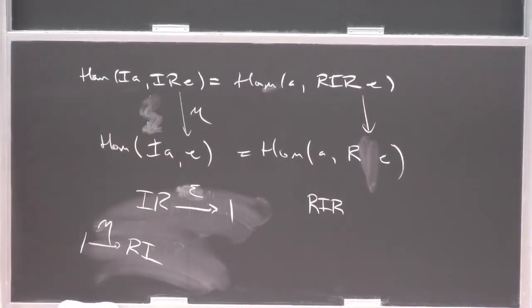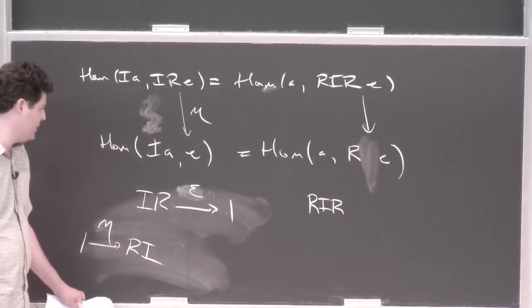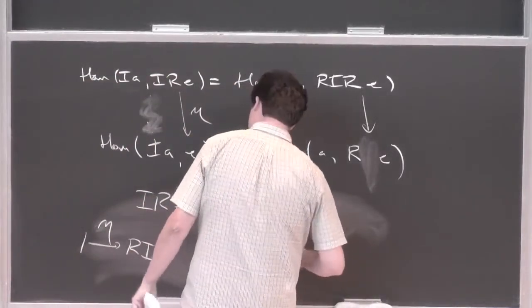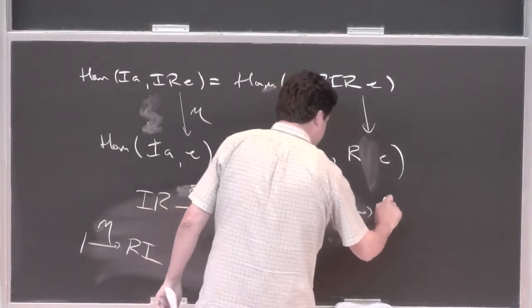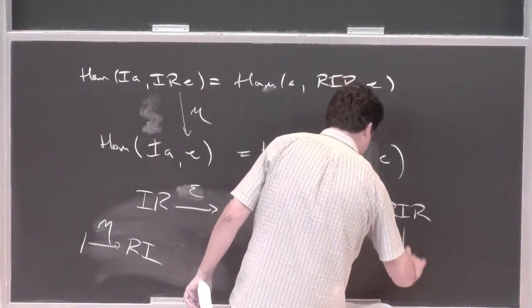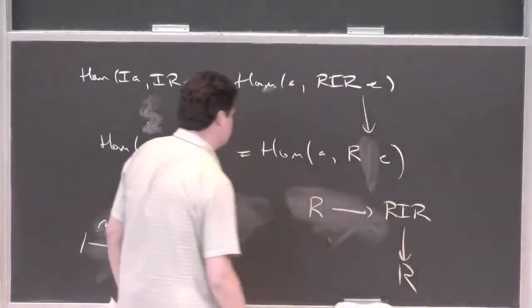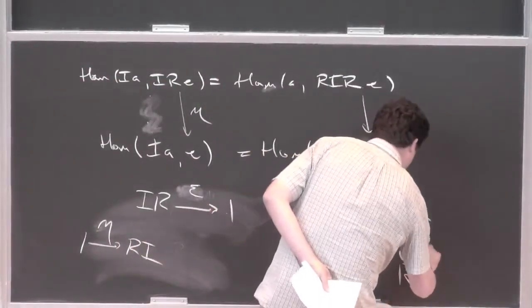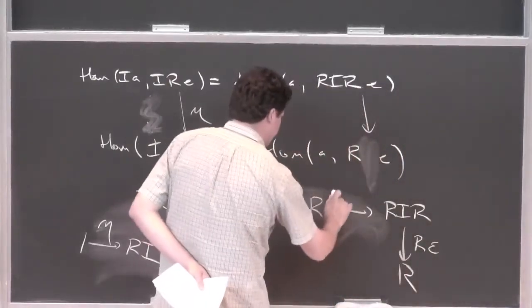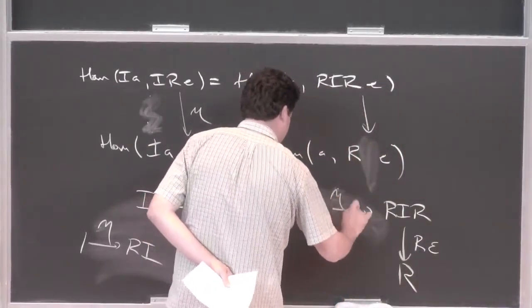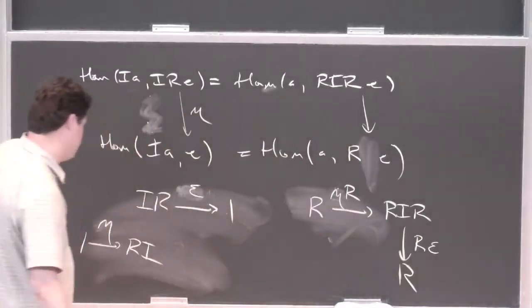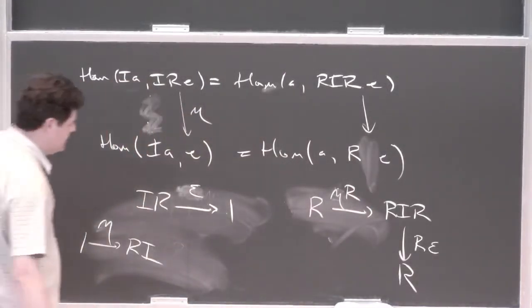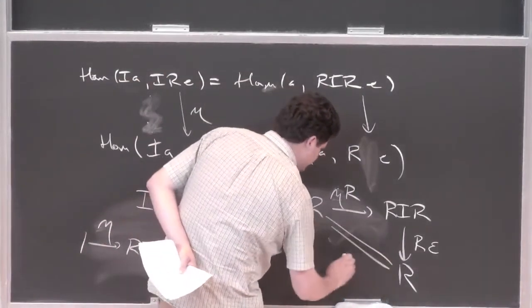Right, and you can compose them. If I go from R to RIR and back, here via R times epsilon, and here via eta times R, then this composition is the identity.